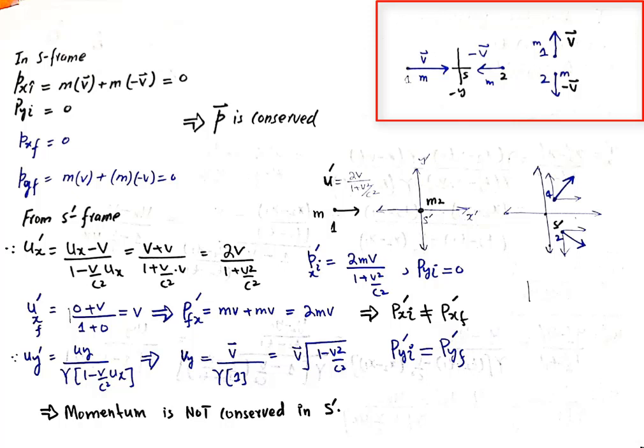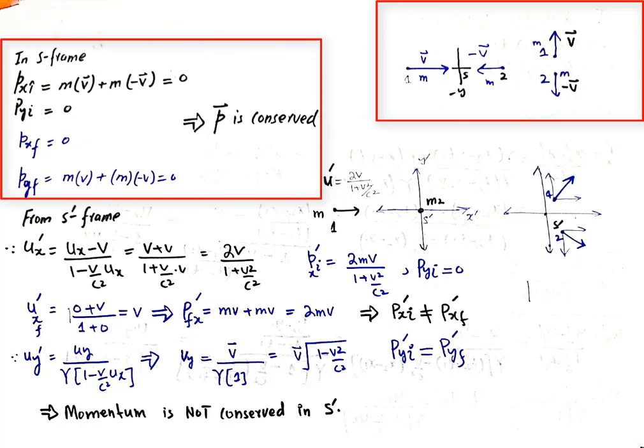Now let us look at the conservation of momentum. If p_xi is the total linear momentum along the x direction before collision, this is 0, because the objects have the same masses and are moving with equal and opposite velocities. The total linear momentum in the y direction is also 0.